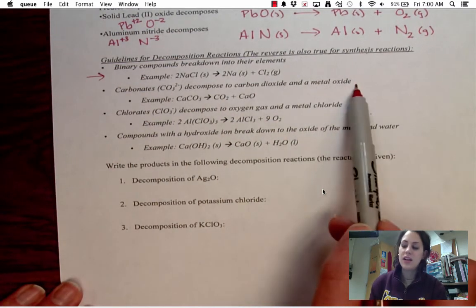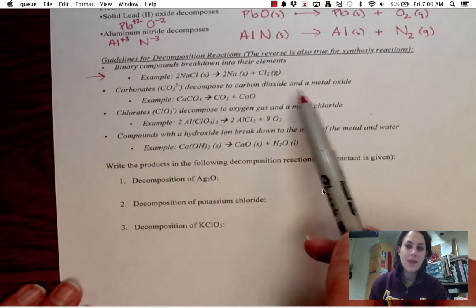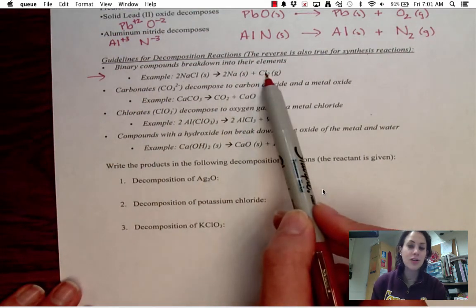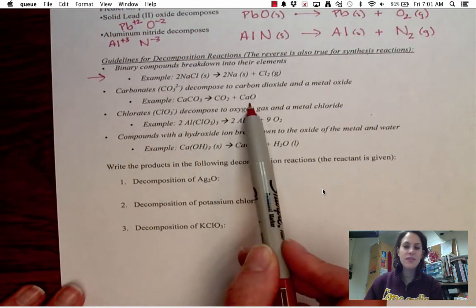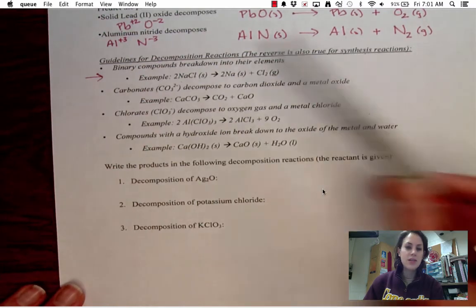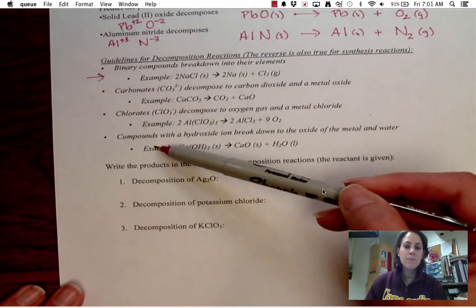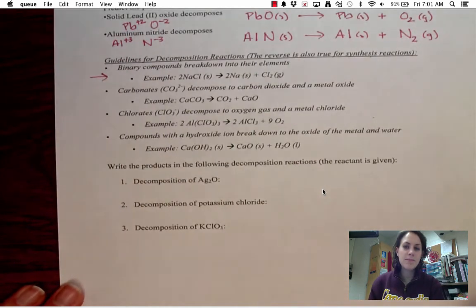And again, these are just harder to figure out because they don't break apart into elements. They break apart into smaller compounds. So I'll just leave these forms here, and you can read these and study those examples, but be ready to look out for some of those when we practice the next day in class.